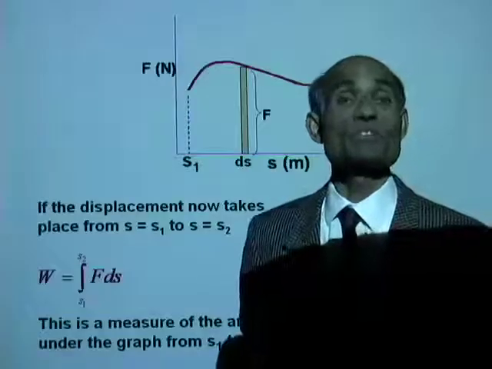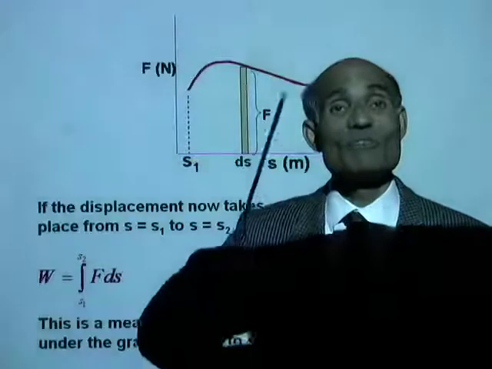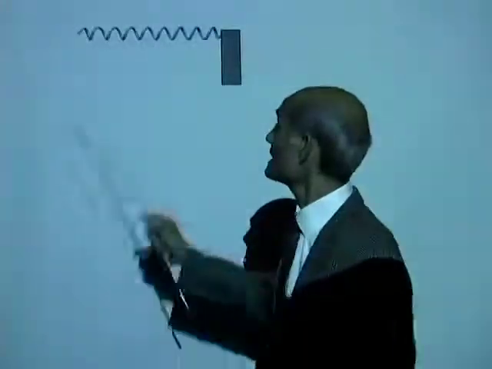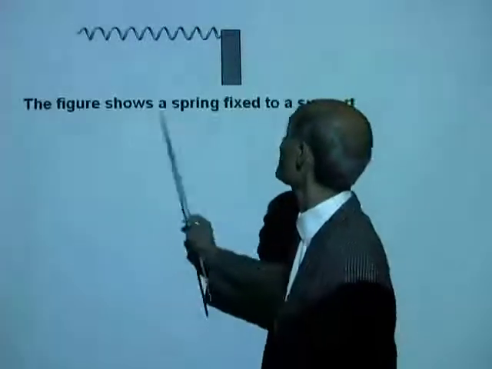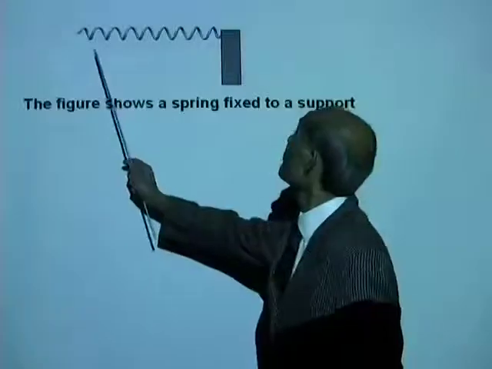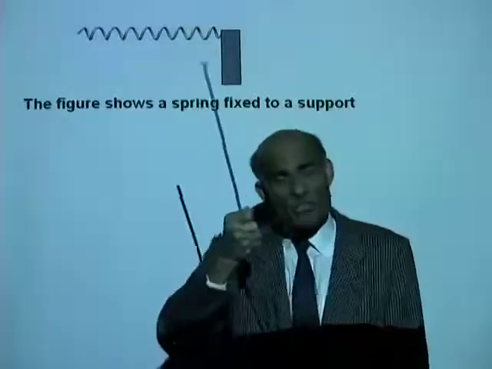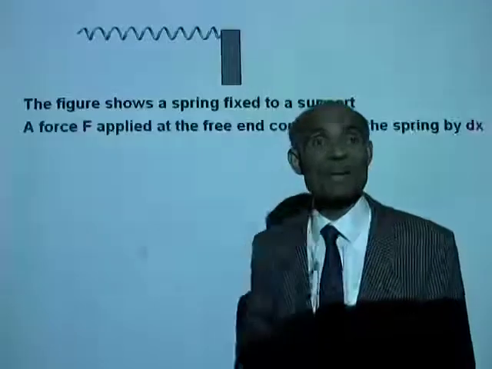A case where we will consider force varying with displacement is actually the case of a spring. Alright, let's consider a spring. The figure shows a spring fixed to a support. And if you want to compress that spring, you need to apply a force.